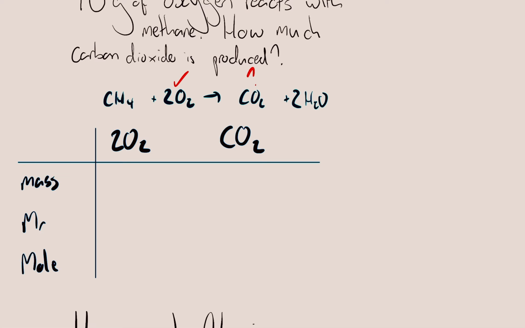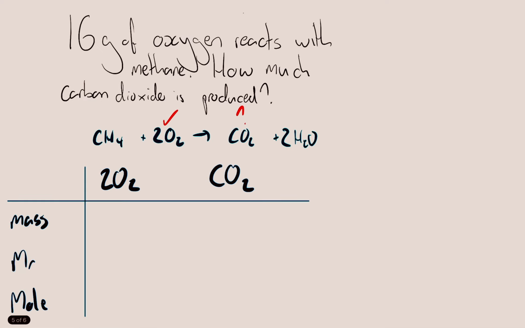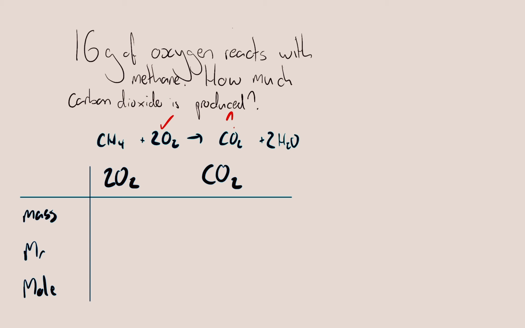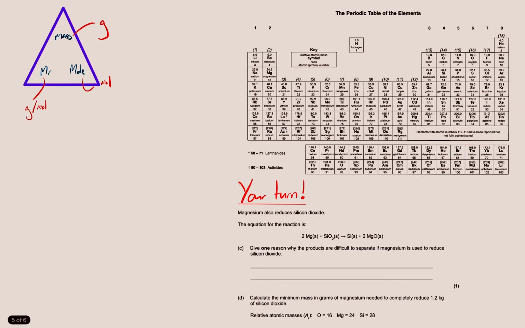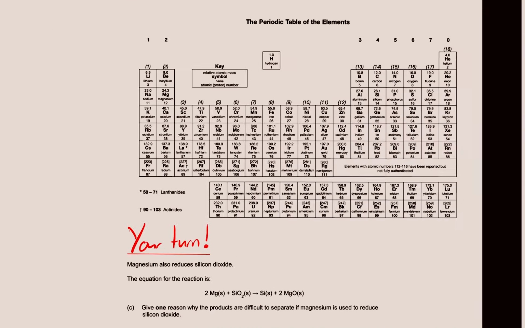So step 1 is I need to take the information from the question and from the periodic table and put things in the right place. So 16 grams of oxygen, I need to fill that in. 16 grams. MR, I need to work out, right? So I go to my periodic table. Oxygen is 16, carbon is 12. So I've not got to do too much there.